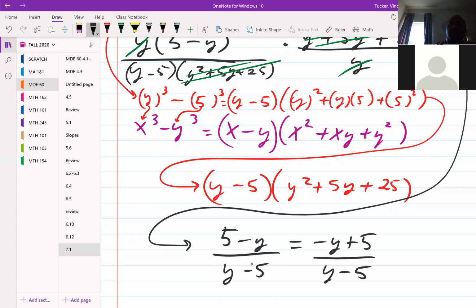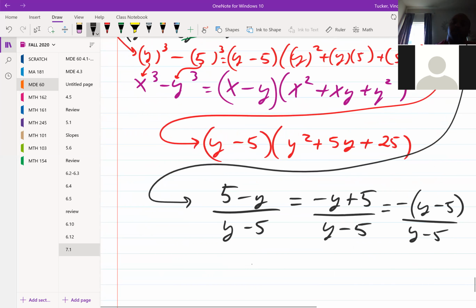But what we recognize is that both of them have opposite signs. We have negative y and y, positive 5 and negative 5. So if I were to pull a negative out front, now I have the same thing. So y minus 5 will cancel now, and that will leave me with just negative 1.